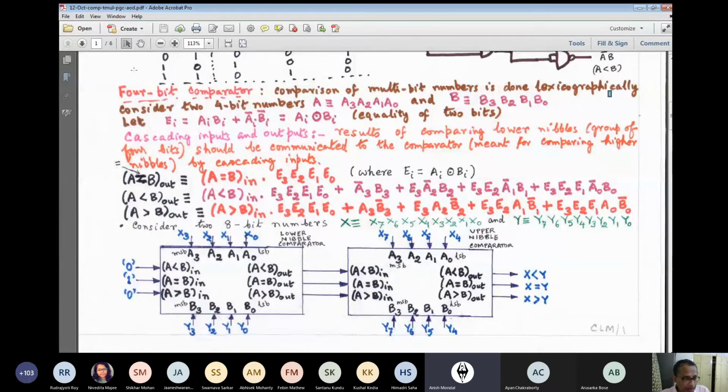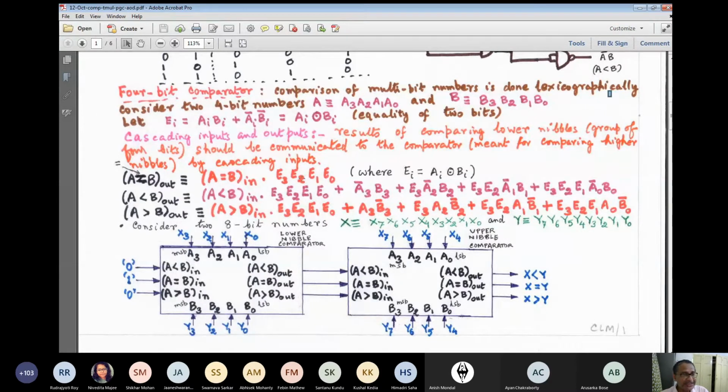Let me tell you the problem. You will require a 4-bit nibble comparator as before. That means these connections A3, A2, A1, A0, these three and this. That means a total of 11 inputs and 3 outputs. They will be invariant, no change. Only the equations will now vary a bit, that you have to write.